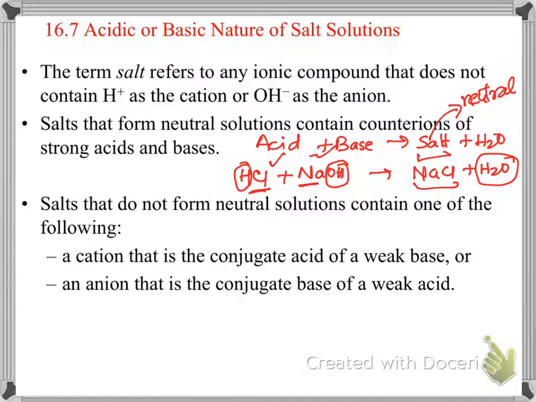Why is that? Because HCl is a strong acid, its conjugate base is Cl negative, and it will be very weak. Remember, strong acids produce weak conjugate bases.